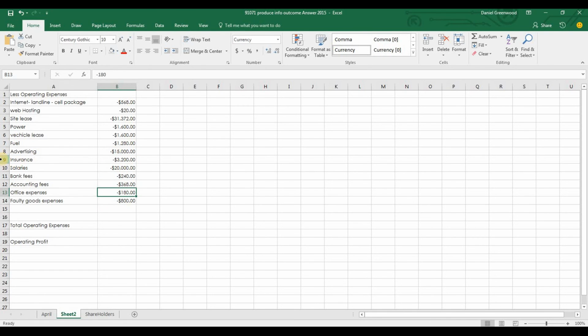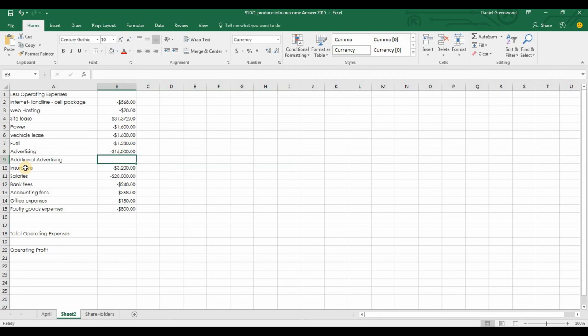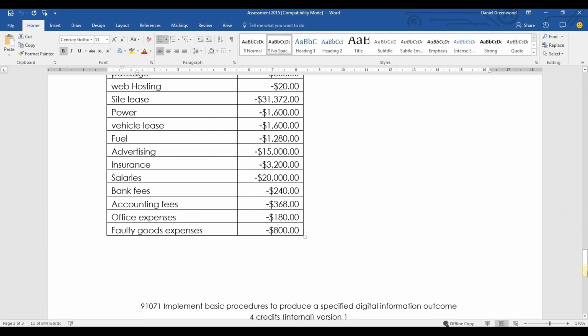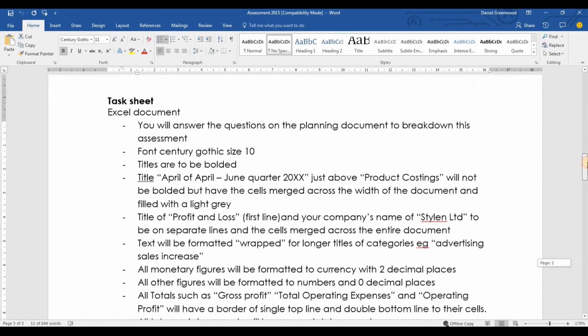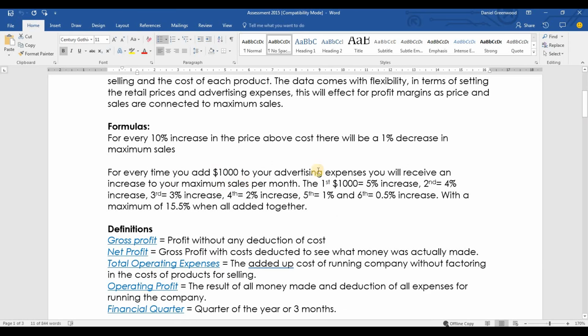So what I'm going to do is put in some additional insert. Right. Additional advertising. And basically, it says in here, for every time you add $1,000, you'll receive an increase to your maximum sales per month.